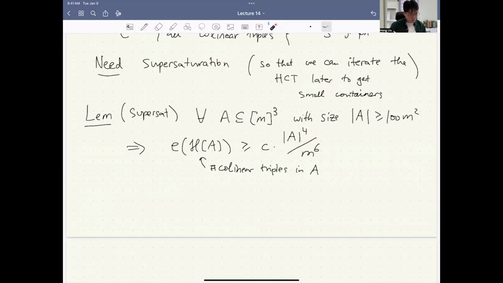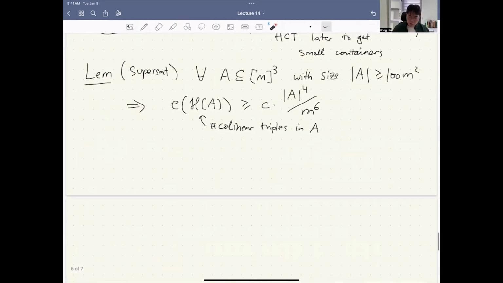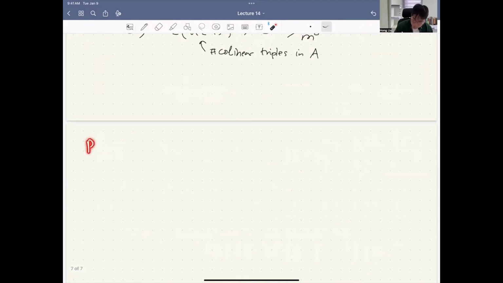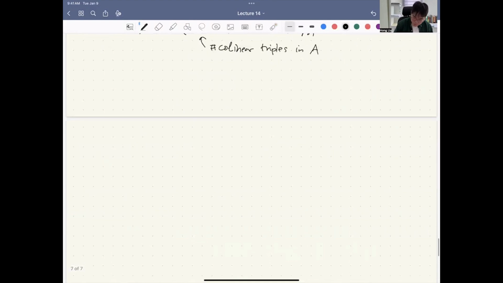Assume this supersaturation. Let's finish the rest of the proof, assuming supersaturation. Now we can prove that alpha(n) is at most n to the 5/6 plus little o(1).